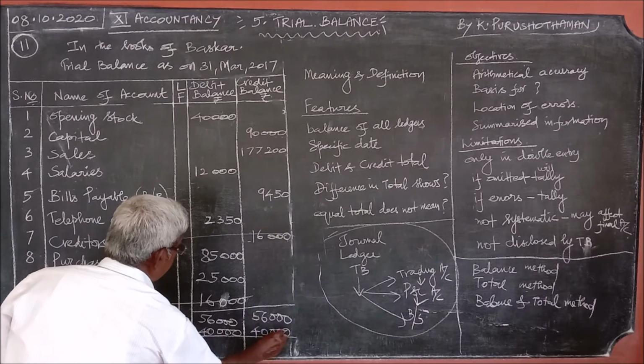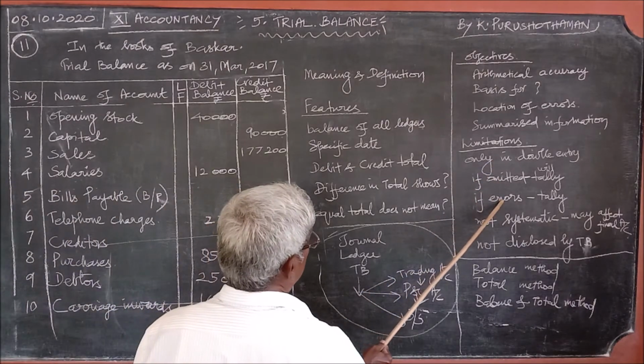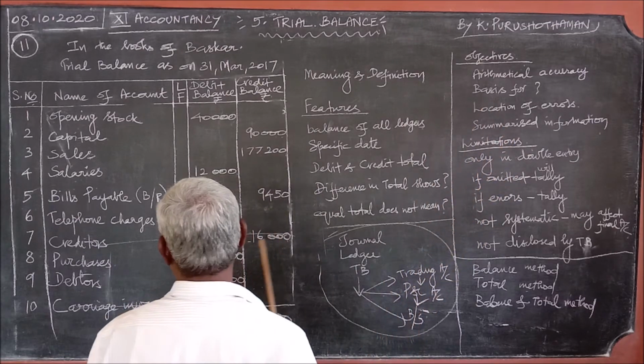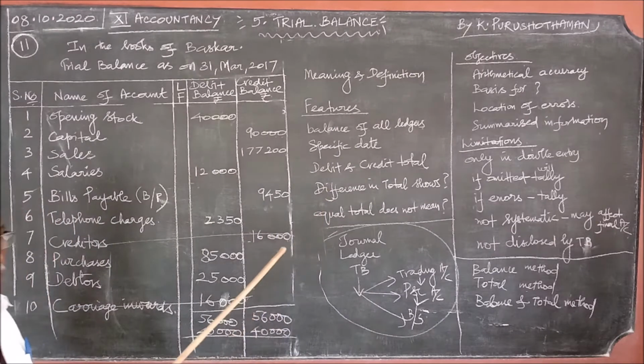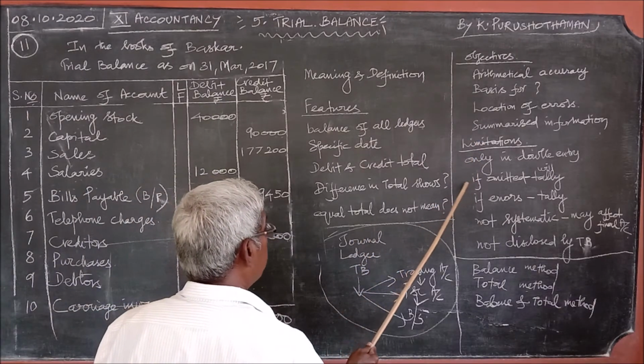Since we get the equal total, we think the accounts we have prepared are correct. And is it correct? Even if the same amount is omitted on both sides, the trial balance will tally. That is a drawback. If we omit an amount in credit and an equal amount in debit, even after that the debit balance total will tally with the credit balance total, but actually it is a mistake. So it is one of the limitations.